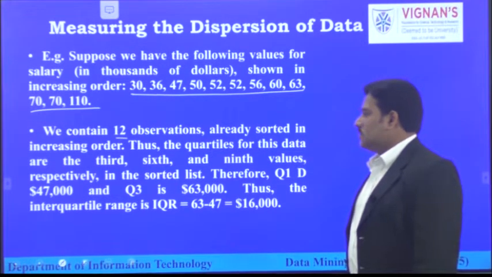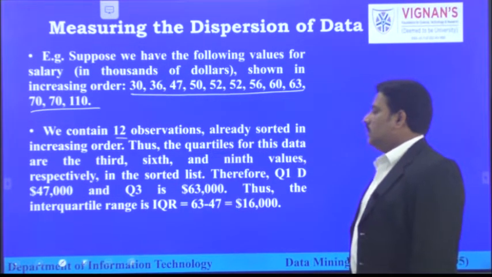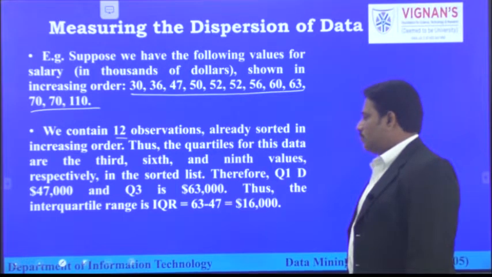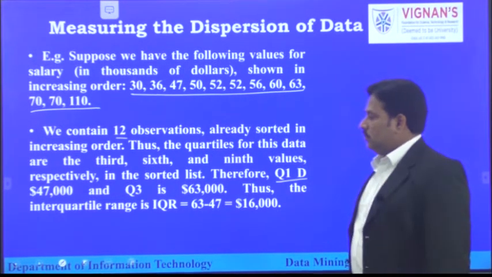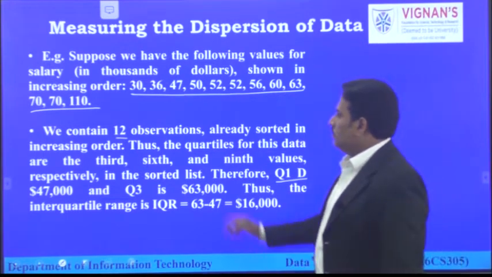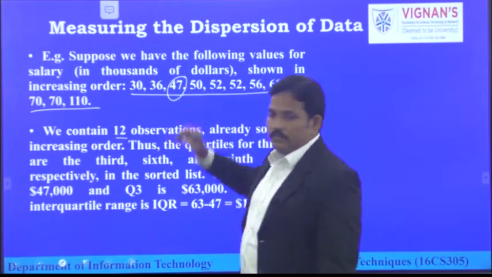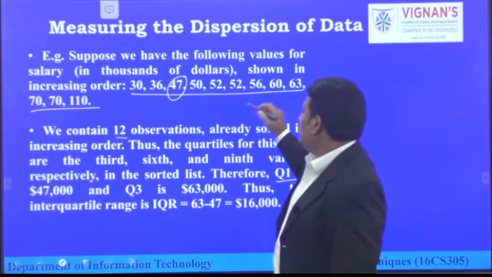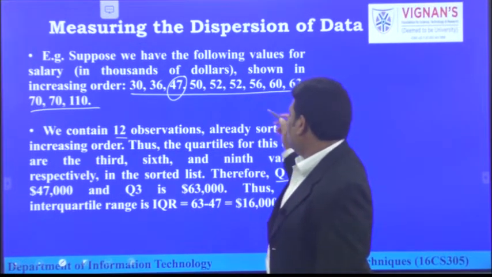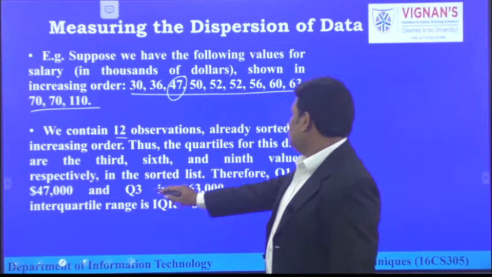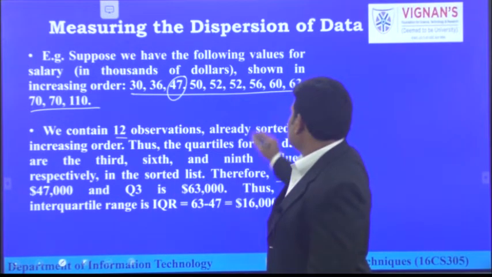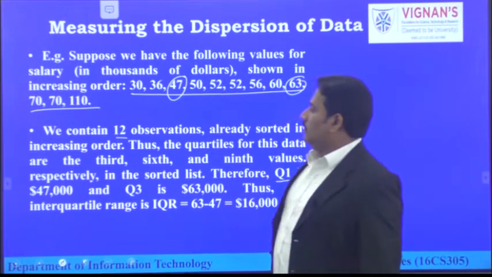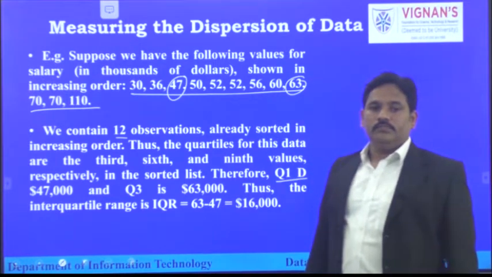The quartiles of this data are the 3rd, 6th and 9th values respectively in the sorted list. Therefore Q1 is the third value, and Q3 is 63, that is the 9th positioned data.